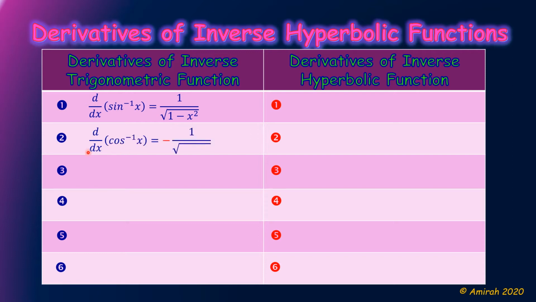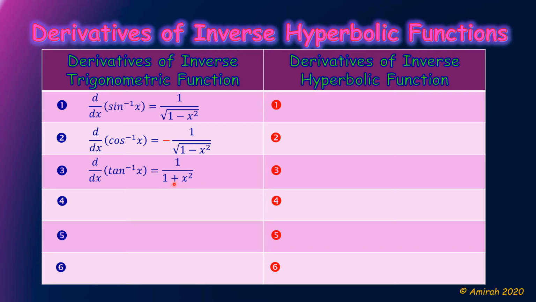The second one is the derivative of inverse cos x equals negative 1 over the square root of 1 minus x squared. It is similar to the derivative of inverse sine, but we have a negative sign here. Then the derivative of inverse tangent x equals 1 over 1 plus x squared.